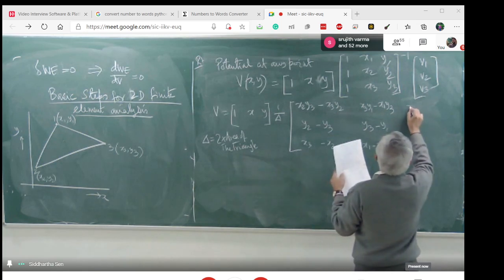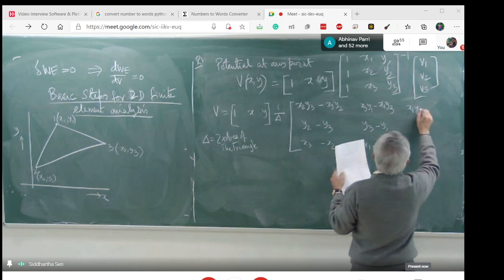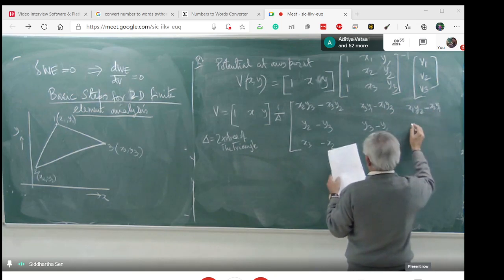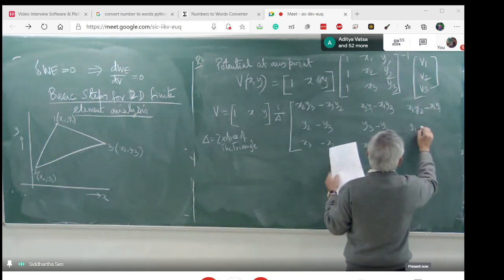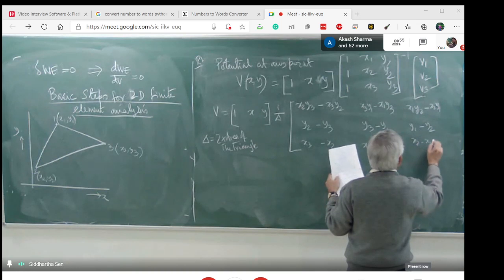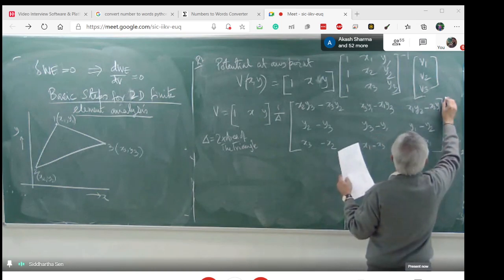Then x1 y2 minus x2 y1, here y1 minus y2, and here x2 minus x1, times, what is it?